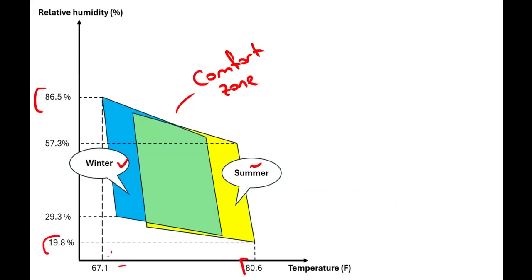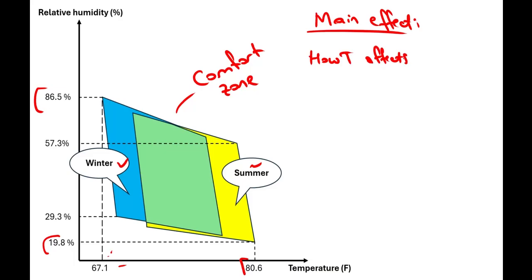So the thing here is that we have two effects. The main effect, for example, how temperature affects the comfort zone, and in this case we keep the relative humidity constant.